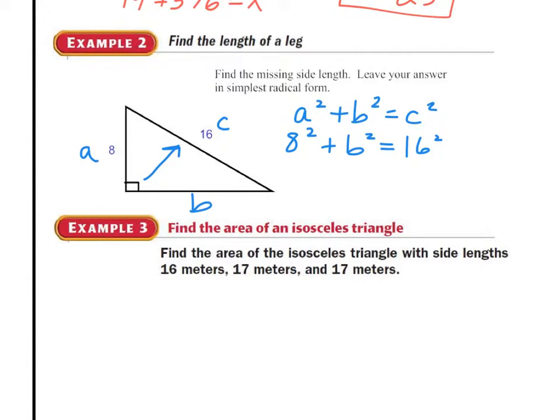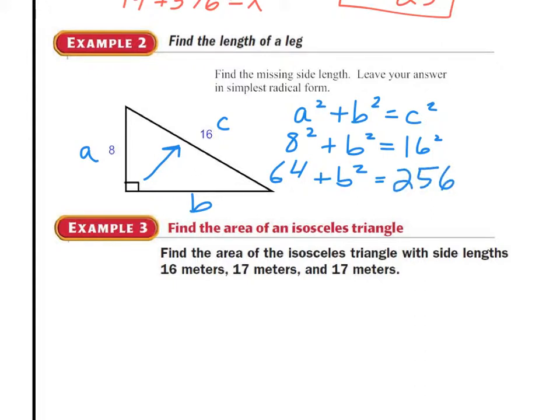Rewrite. Look at your beautiful faces. So I have 64 plus b squared equals 256, sorry.